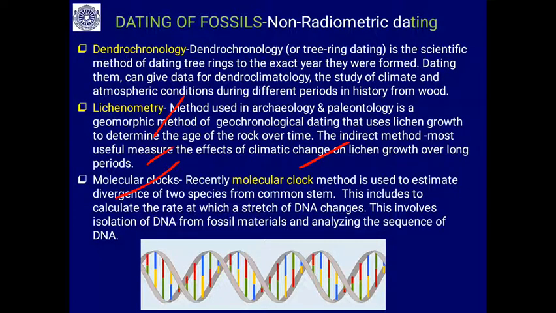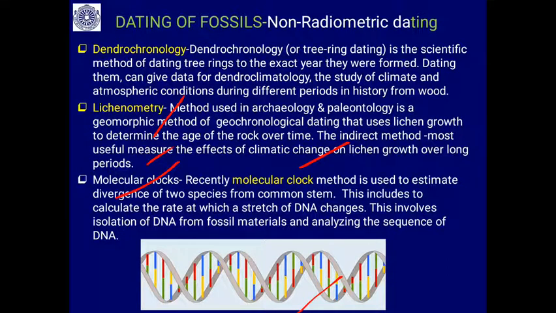Now the molecular clock, a recent method used to estimate the divergence of two species from a common stem. For example, when exactly humans and chimpanzees diverged. This involves calculating the rate at which a stretch of DNA changes.